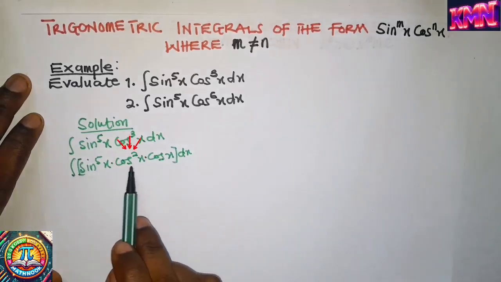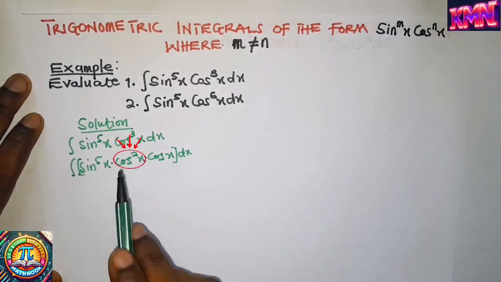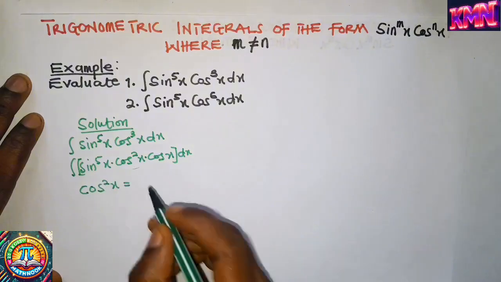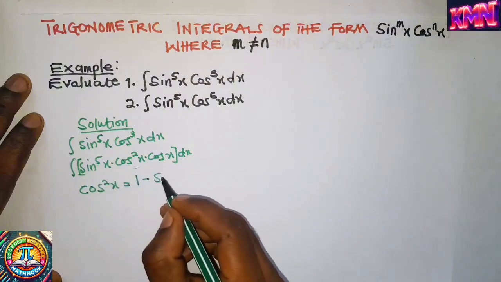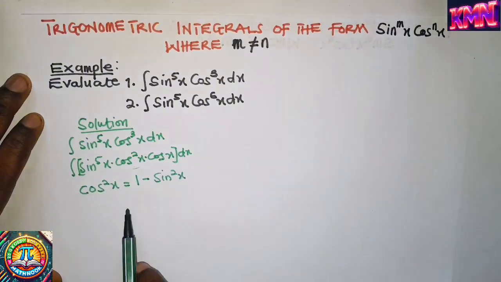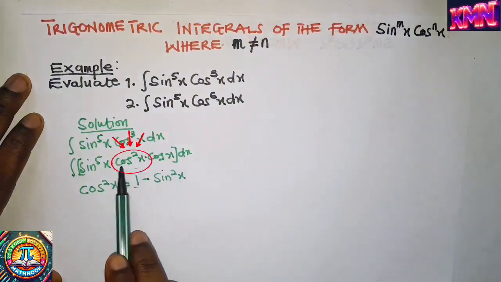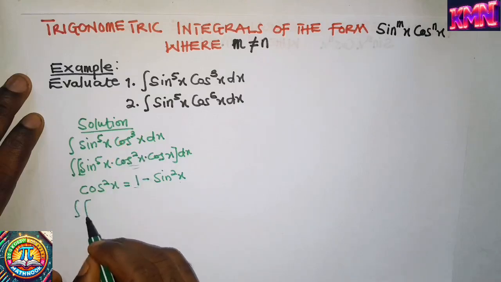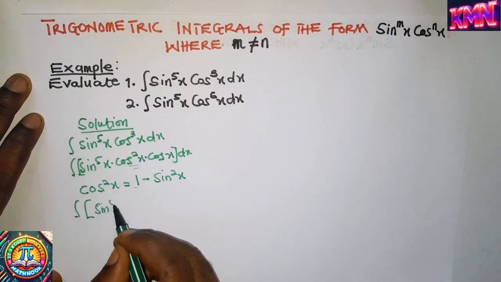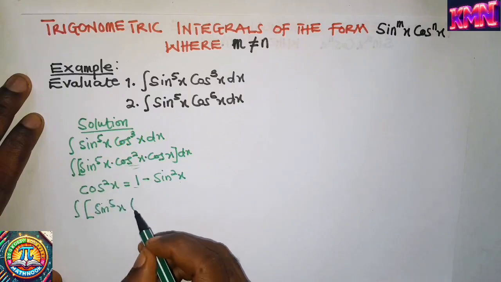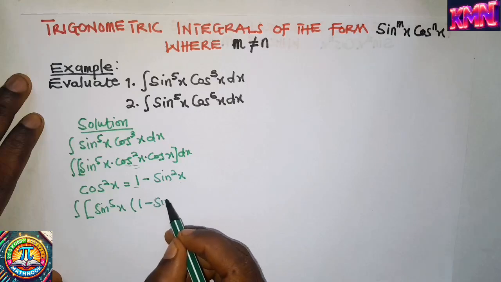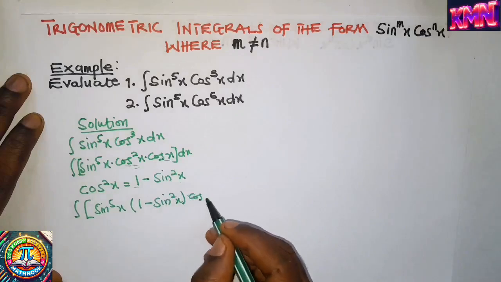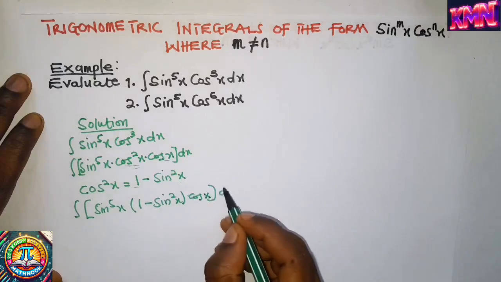So here we are going to introduce the Pythagorean identity of cosine. You know that cosine squared x is the same as 1 minus sine squared x. So this would replace the cosine squared x, and hence our integral becomes sine power 5x bracket 1 minus sine squared x then cosine x dx.